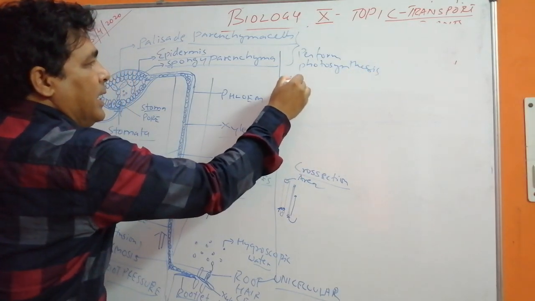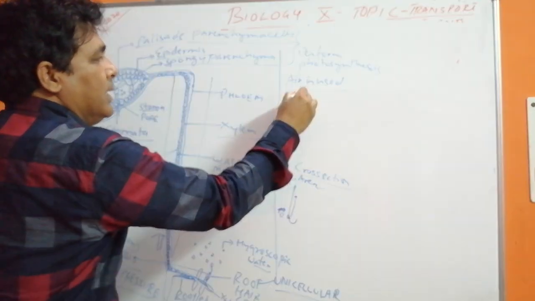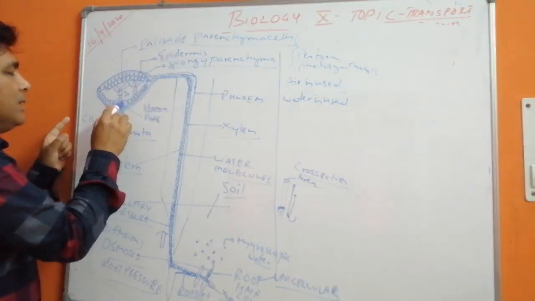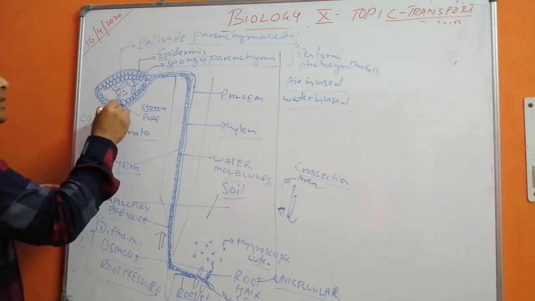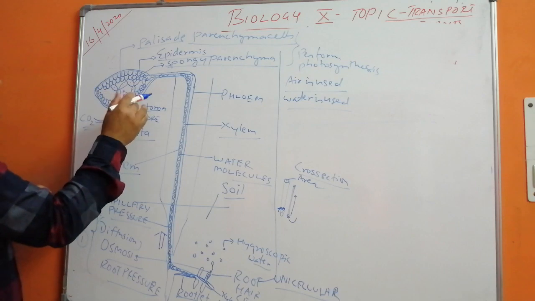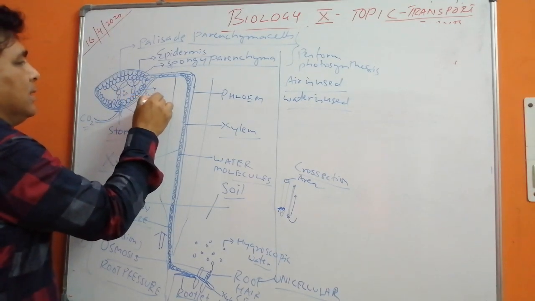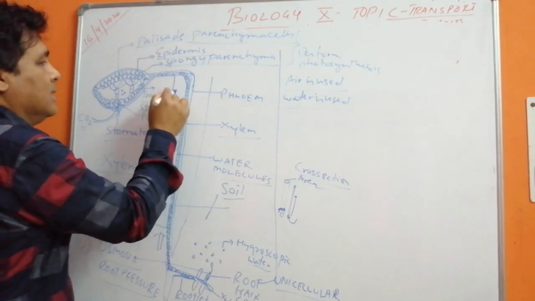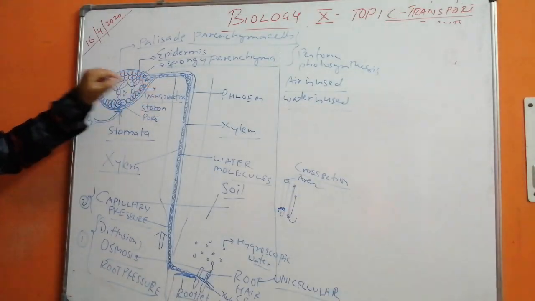So air is used, water is used, and there is a scarcity of water, and water is also thrown out of the stomata in the form of transpiration. So the water is thrown out in the form of transpiration.